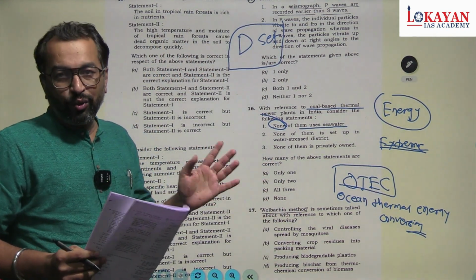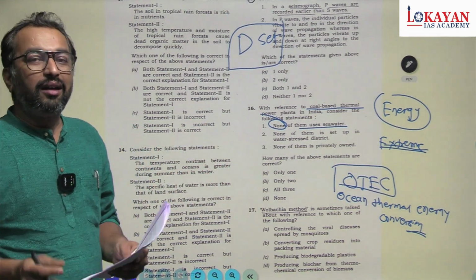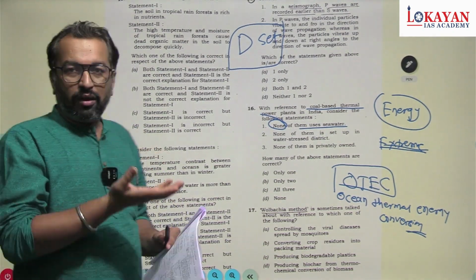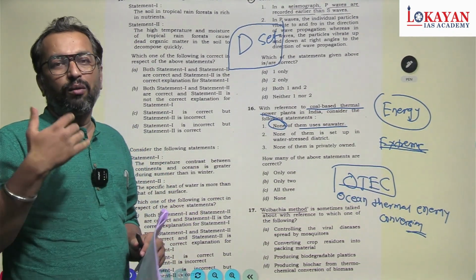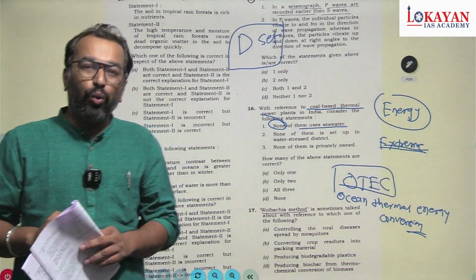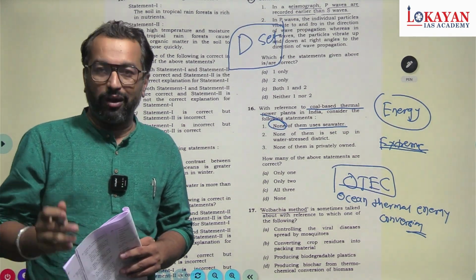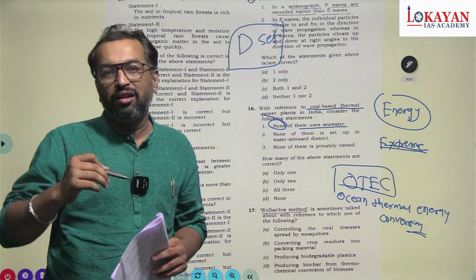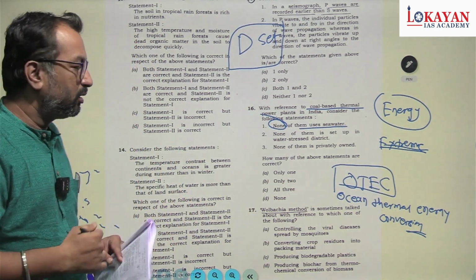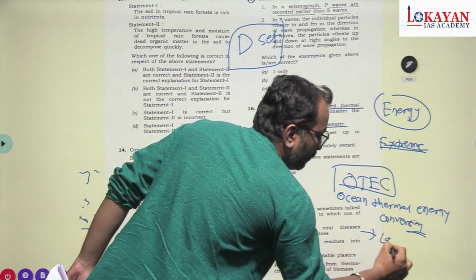This technology uses the seawater and the temperature gradient in that water, because the temperature of the surface water is always warmer, and the temperature of the deeper water is cooler. That temperature gradient is used to activate a heat engine and thus to create power, and such a power plant is established in Lakshadweep.